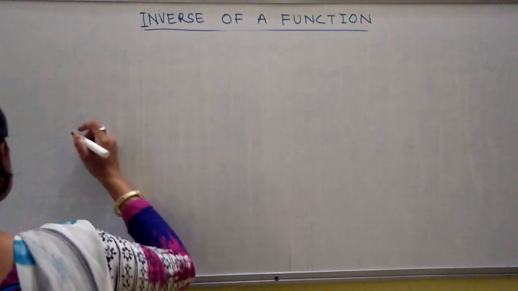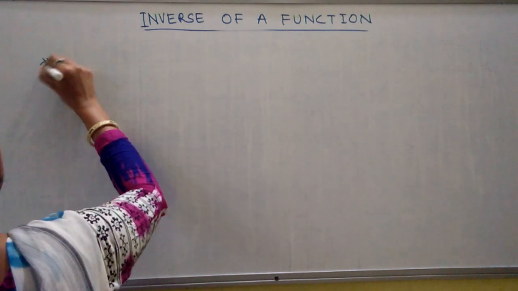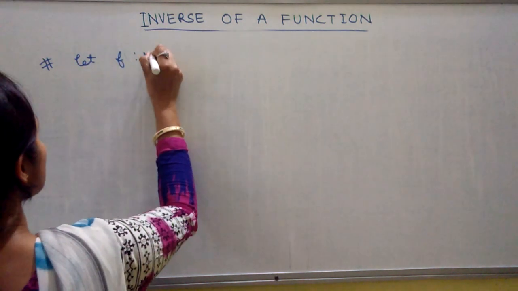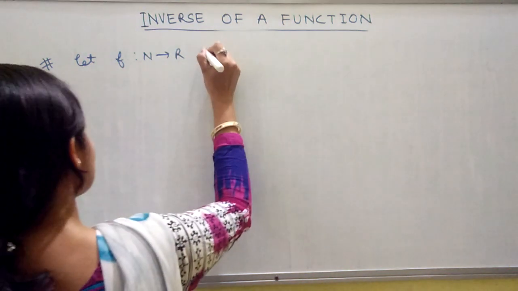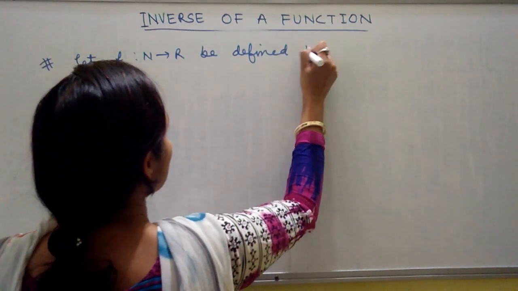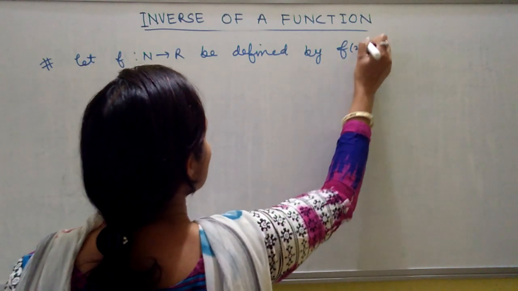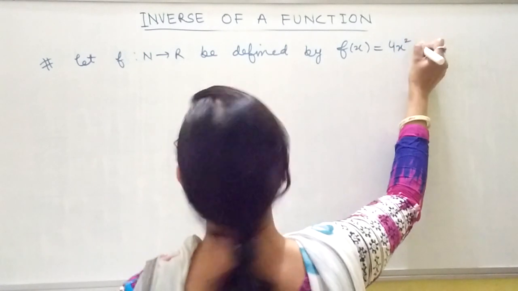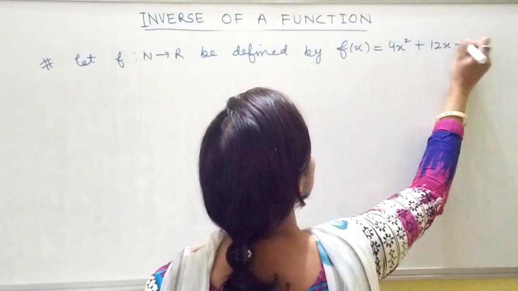Let f from N to R be defined by f(x) equals 4x square plus 12x plus 15.